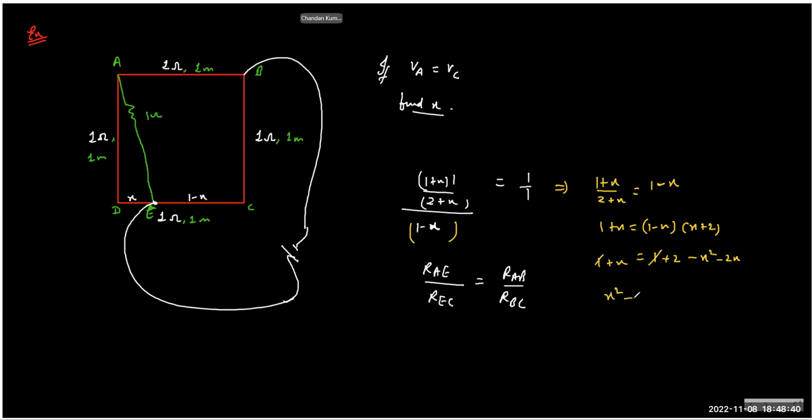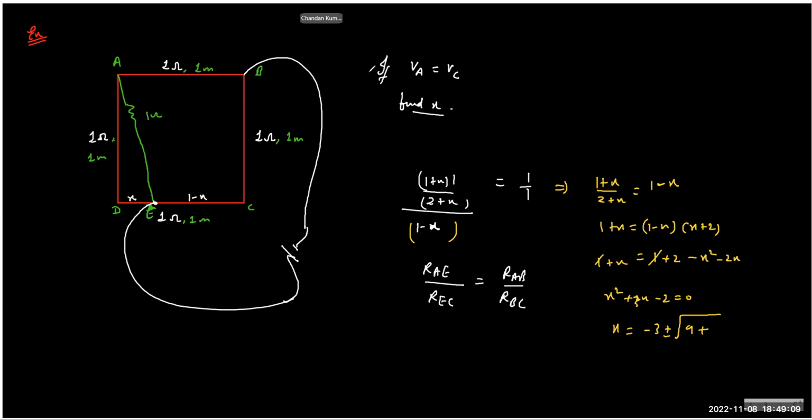So x square plus 2x plus x, 3x. Maybe you can just check if I missed something. So this x turns out to be how much? Oh, something is wrong. Sir, I think your equation is wrong.